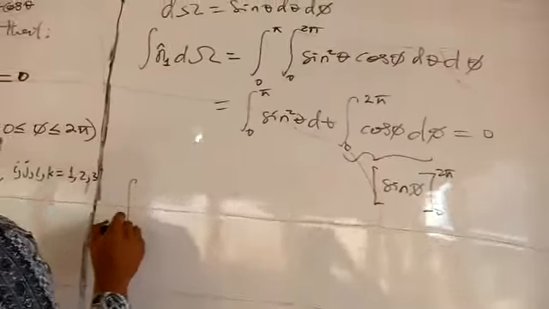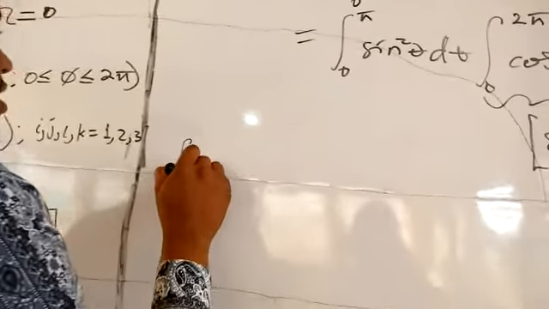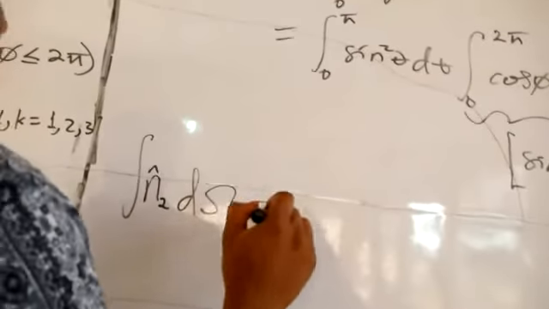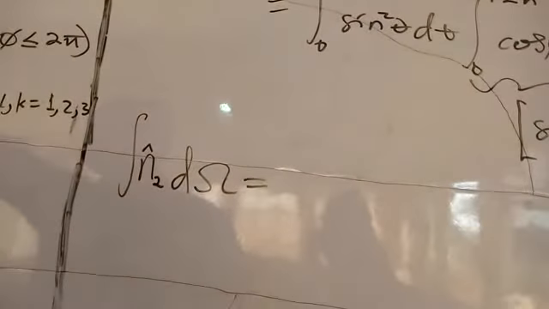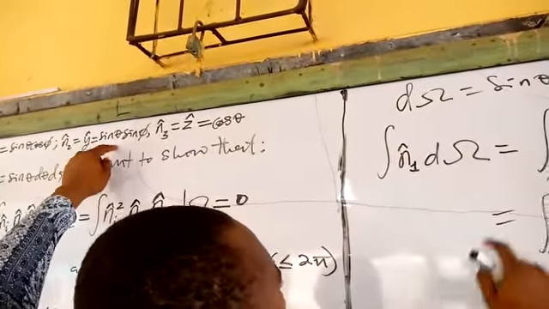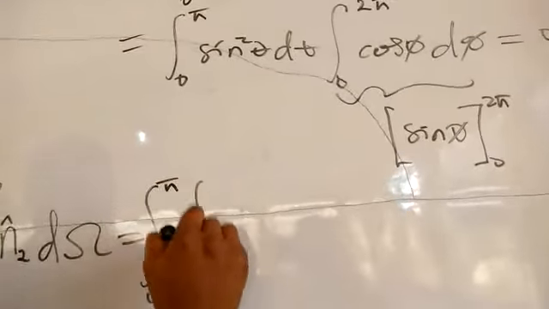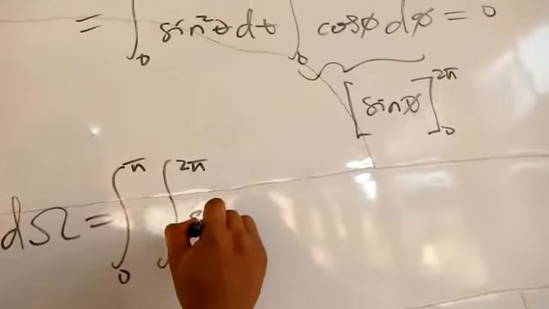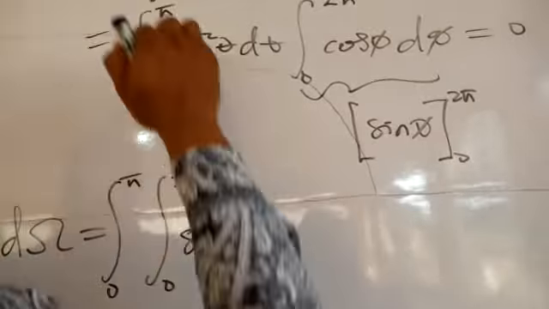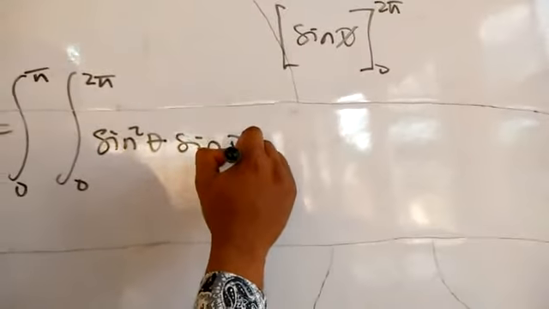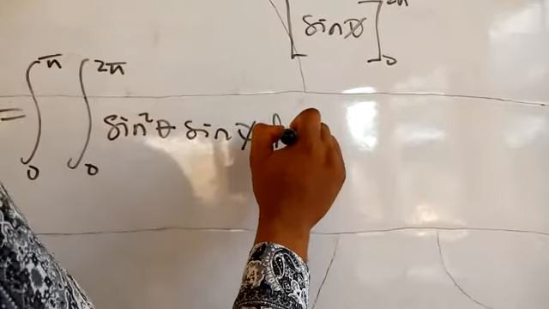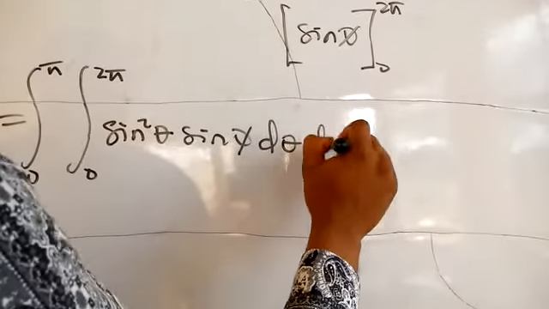And of course, the same thing could be said of this second one, omega, and I'm using again n sub 2 here, which is sine theta, but sine phi instead of cos phi. Again, because this has a sine theta, I'm going to have 0 to pi, 0 to 2 pi. This then becomes sine squared theta because I have a sine here and a sine here. Then I have sine phi, and this gives me d theta d phi.